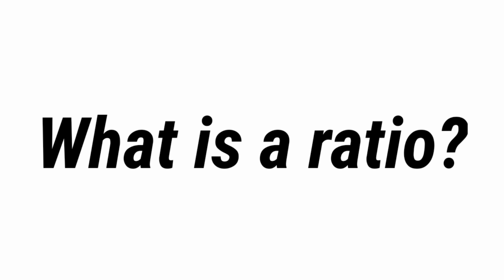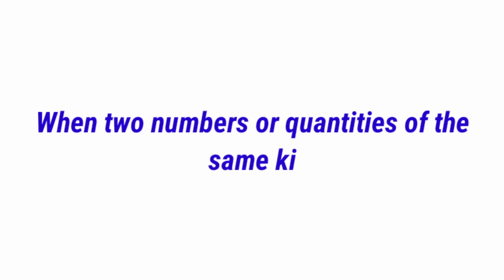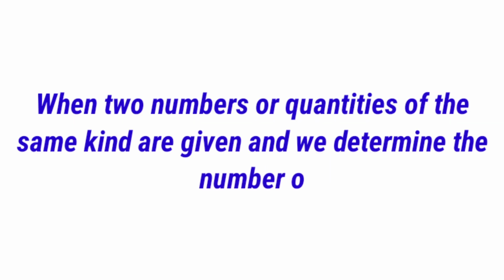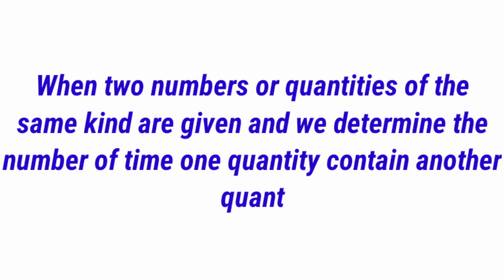What is a ratio? When two numbers or quantities of the same kind are given and we determine the number of times one quantity contains another quantity, we are set to determine the ratio between the given numbers or quantities.